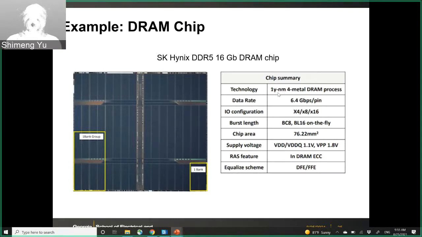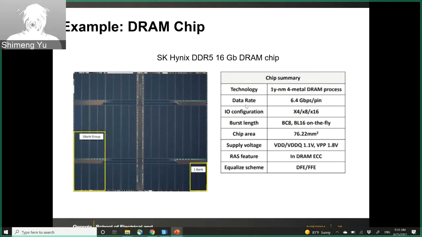Companies below 20 nanometer will not disclose the exact feature size for the DRAM and NAND flash. So they used to use 1X, 1Y, 1Z node to represent the first generation, second generation, third generation in the sub 20 nanometer process.